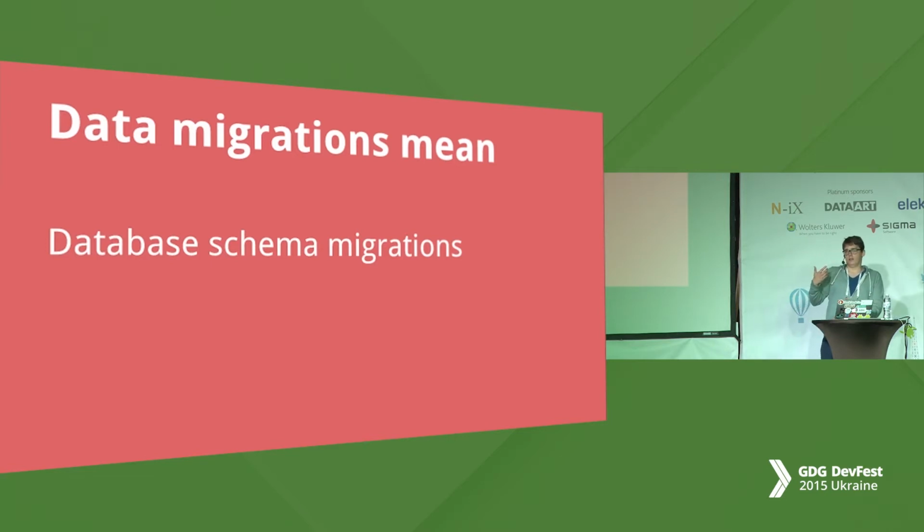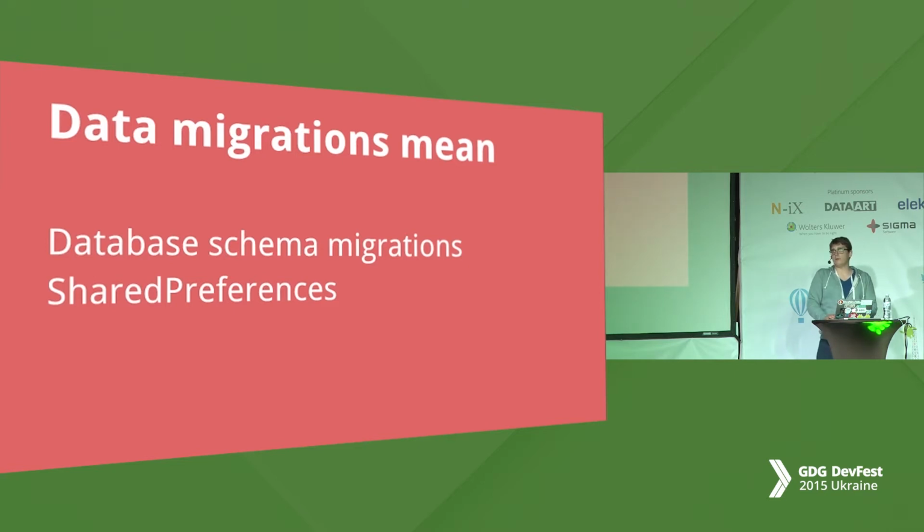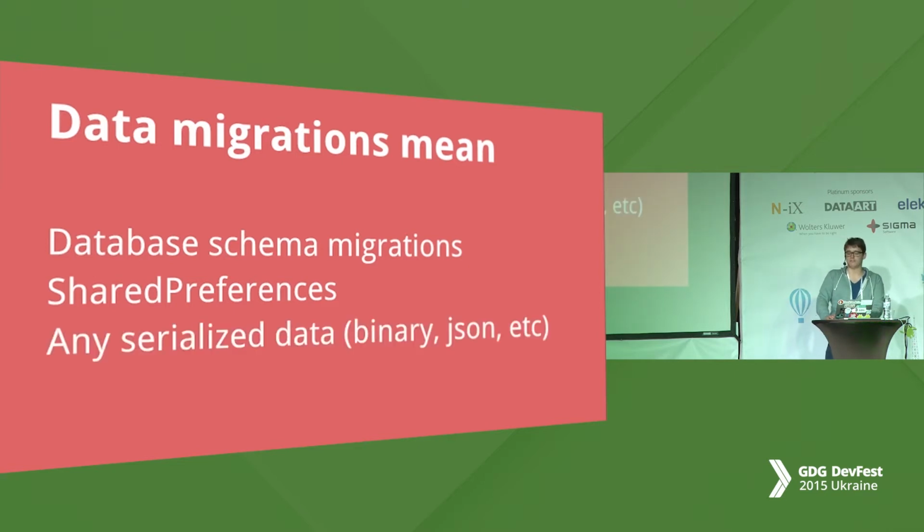And the same mechanism will happen for the auto backup, right? It may happen that you receive older data from the older version of the app in the newer version of the app. This can also happen to the shared preferences and any serialized data.